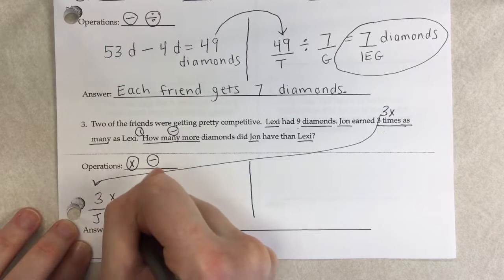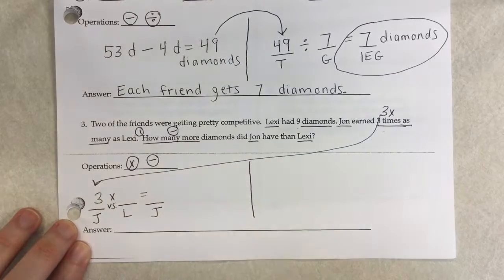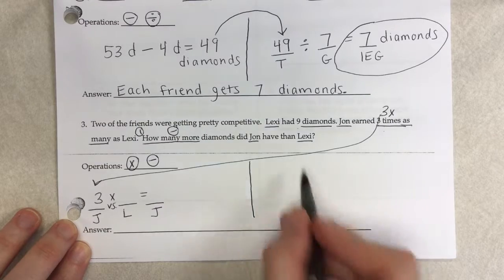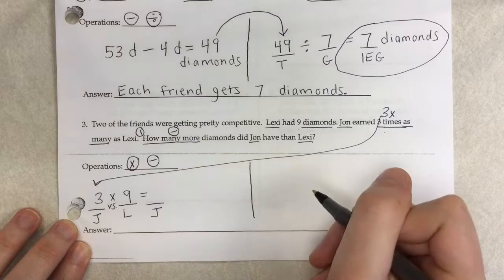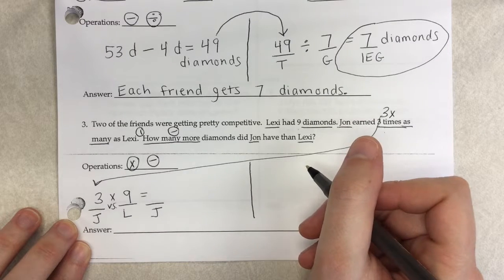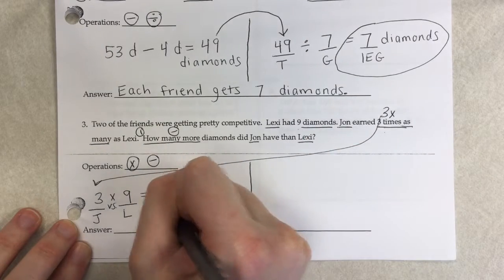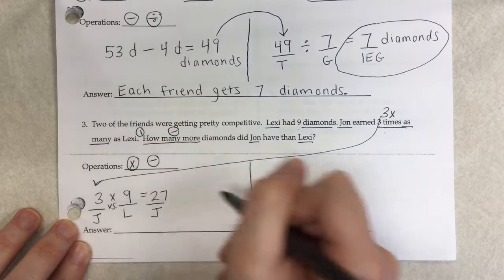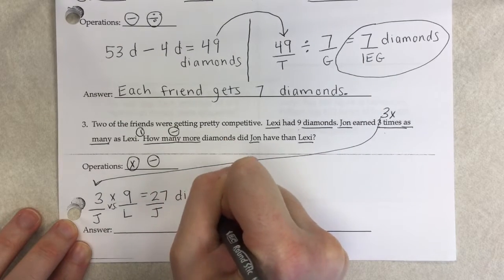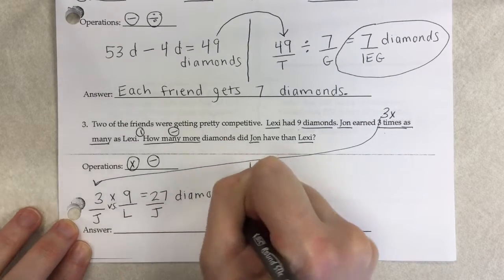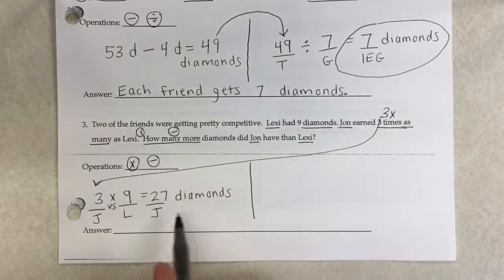John is versing Lexi, and that will get us our number for John. I know that Lexi has 9 diamonds, so I'm going to plug in a 9 here for Lexi. I think in my head, 3 times 9, 1 less, 27. That is the number of diamonds that John has, so I'm going to write diamonds here.